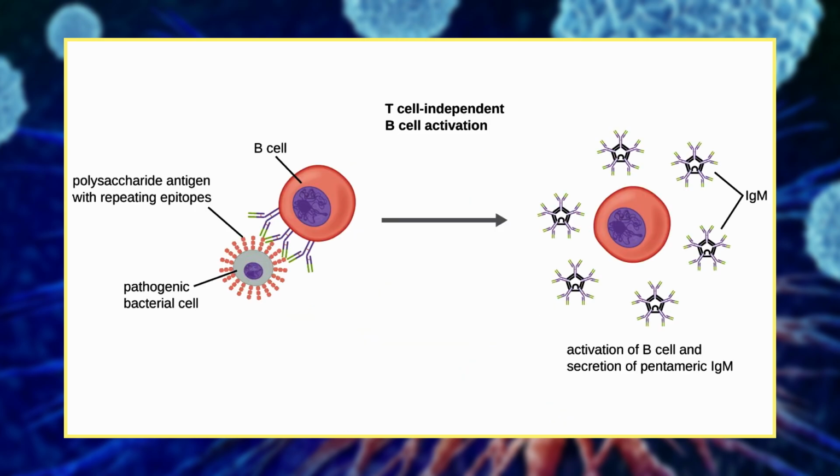T-independent activation occurs when repetitive antigens directly cross-link the BCRs, producing rapid IgM without memory formation.